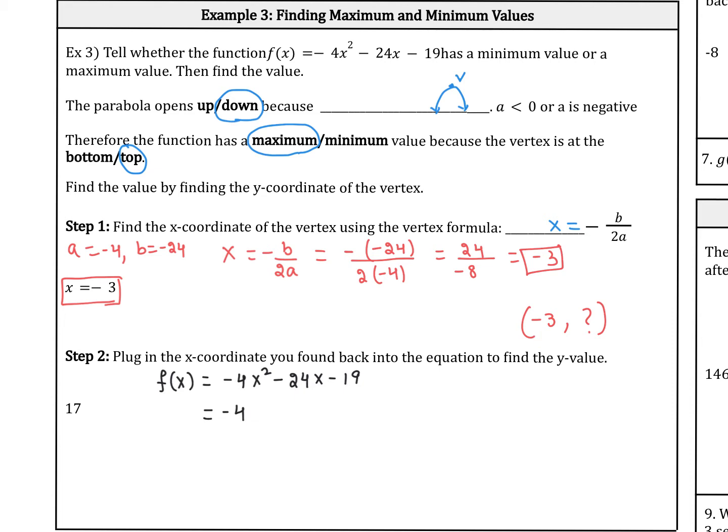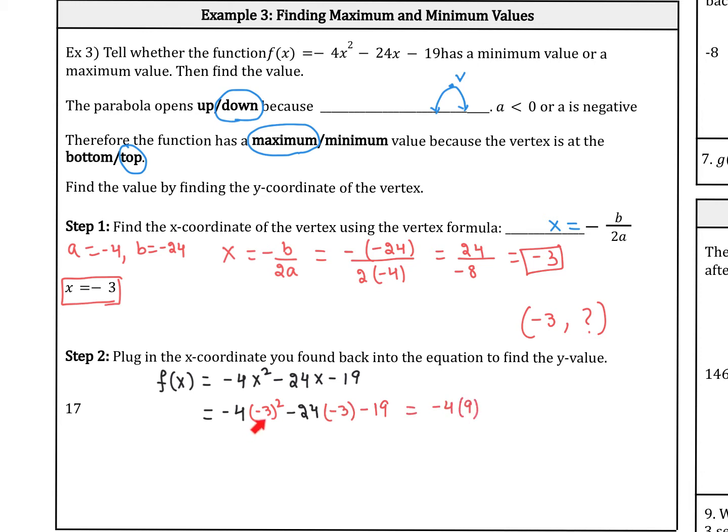So you plug in x equals negative 3: negative 4 times negative 3 squared, minus 24 times negative 3, minus 19. So what you get here is negative 4 times positive 9.